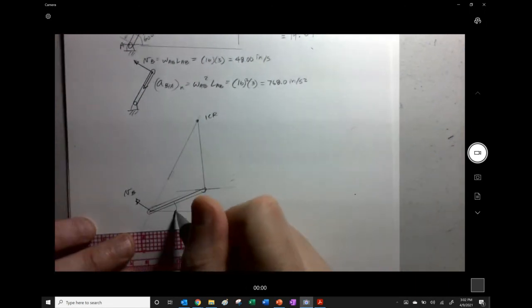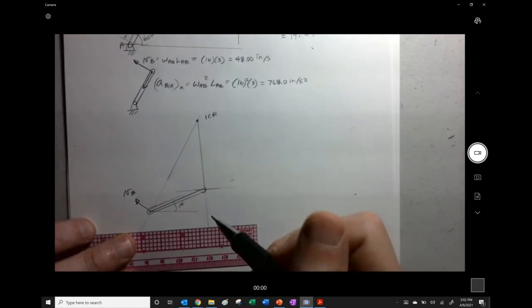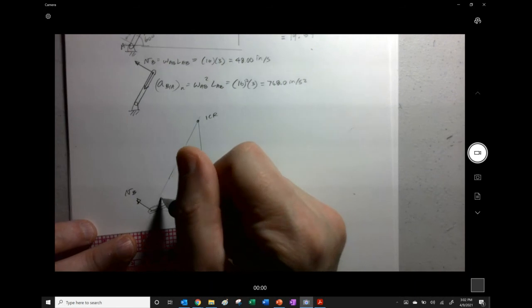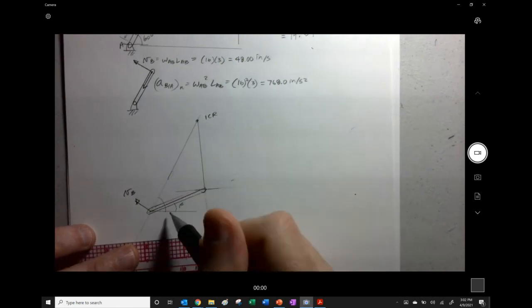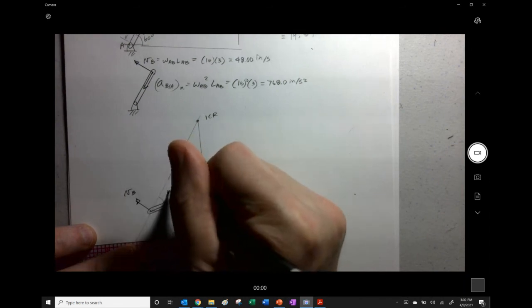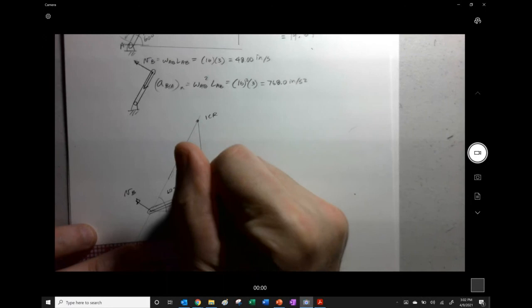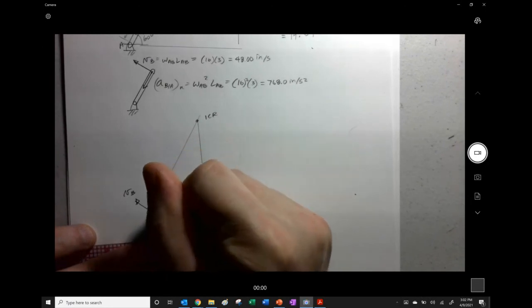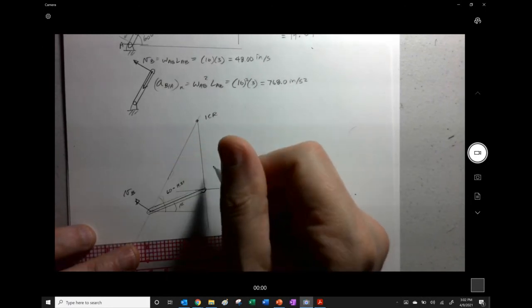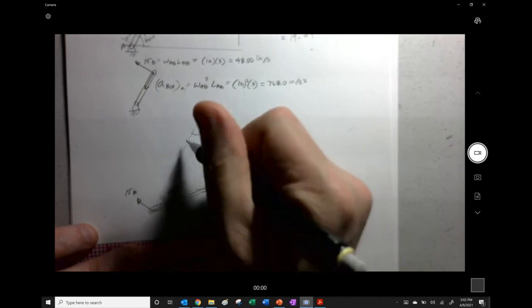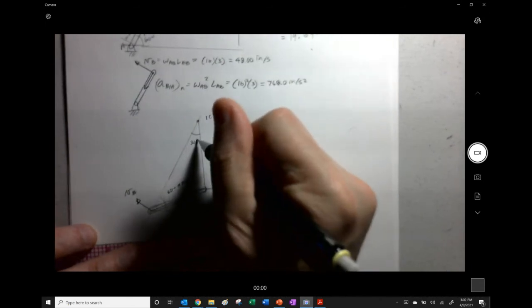This right here, that's our beta, if you'll recall. And this angle right here, that total angle is going to be 60 degrees. So this is going to be 60 minus our 19.89 right in here. This one right here is going to be 30 degrees.